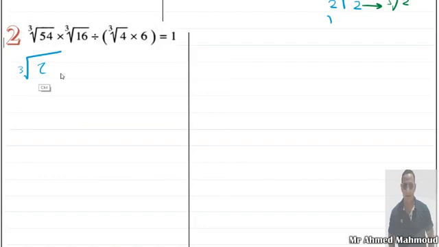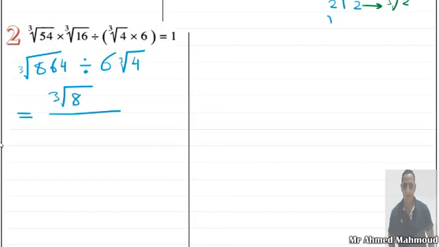Then 864 divided by 6 cubic root 4. It equals cubic root 864 over 6 cubic root 4. Okay, first I will divide the two roots together.